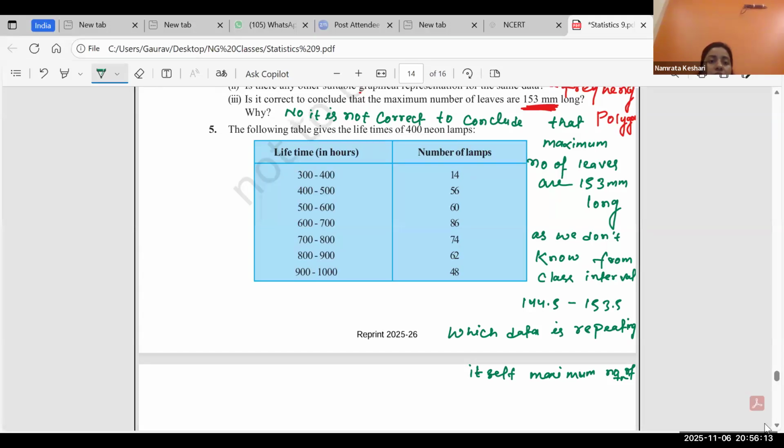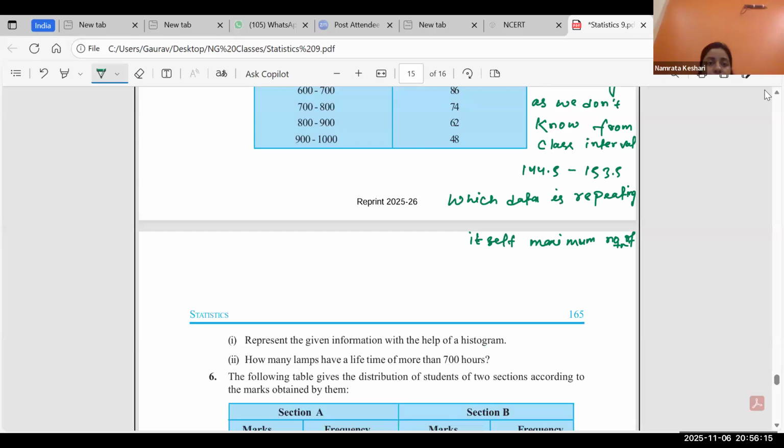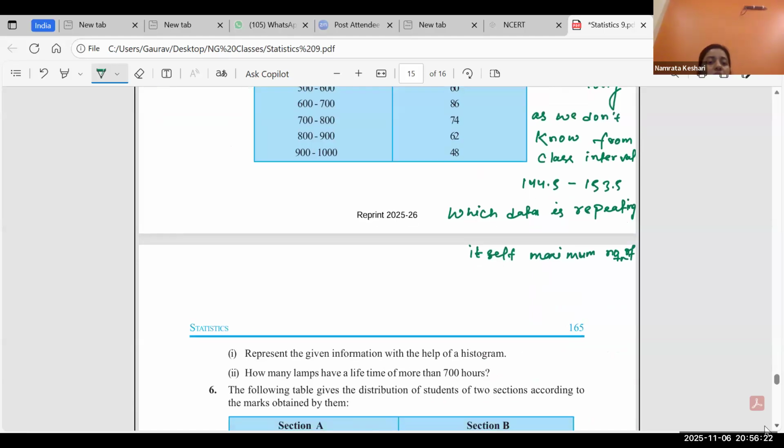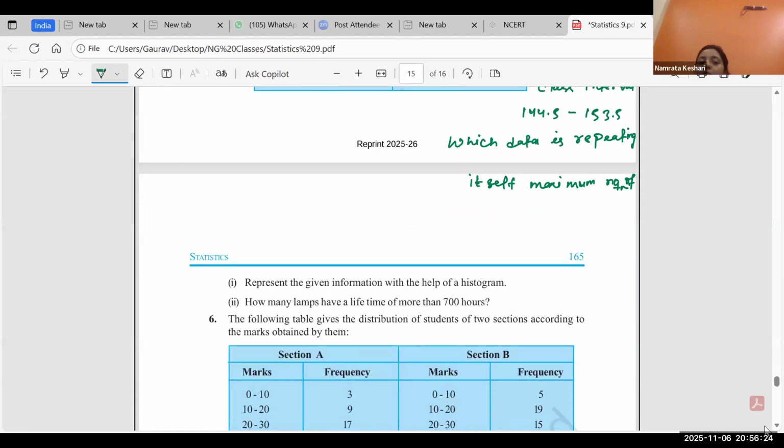Let's continue with the next question, number 5. The following data, 400 neon lamps and all, represent the given data with the help of the histogram. I told you, you can do it by yourself. I believe you have done it, right? Yes, ma'am.